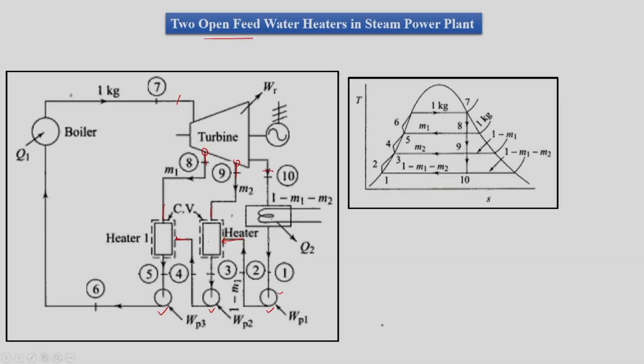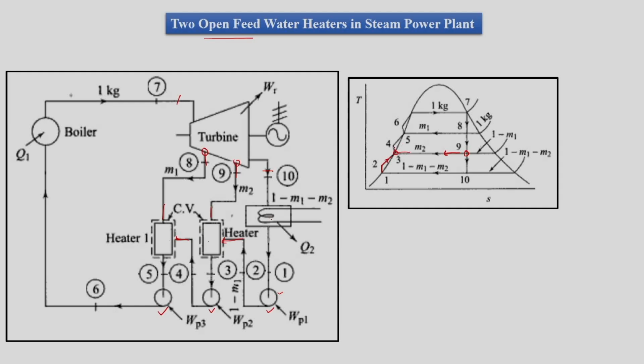Then the cycle would look like this, where we have our usual pump from 1 to 2. Then we have steam extracted from 9, which is reducing its enthalpy since it is mixing with water from 2, and the resultant state is 3.